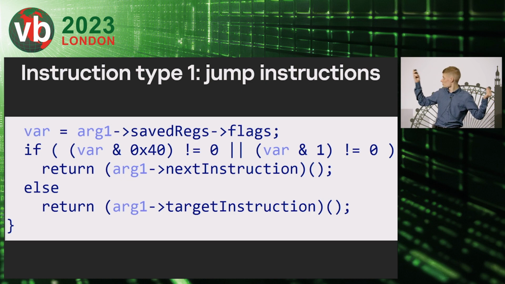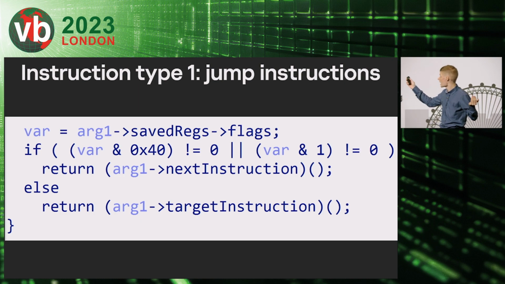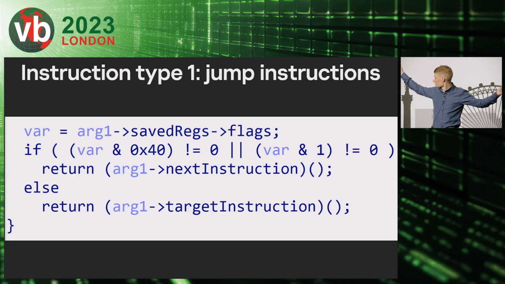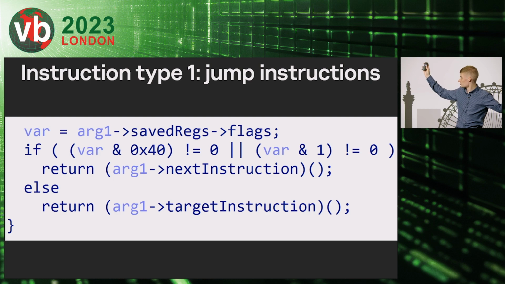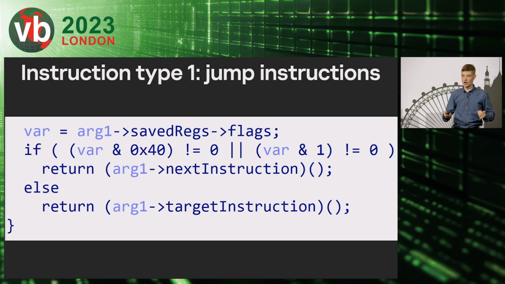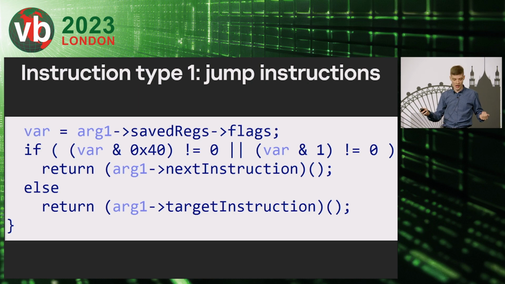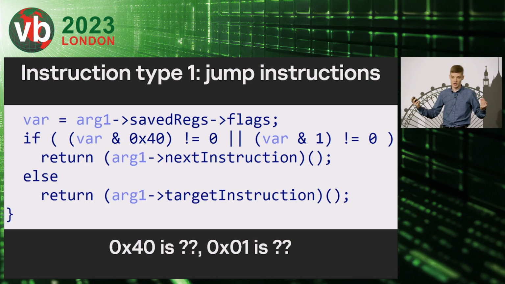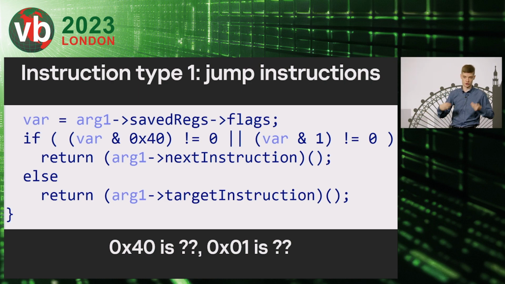Right here on the screen, you see this function, and it takes a value of the EFLAGS register. Note, on the second line, we apply bit masks to it: flag 0x40 and 0x1. Those bit masks are used to check whether bits of the EFLAGS register are set to true or false. To find out what this function is doing, we need to find out what those constants mean.